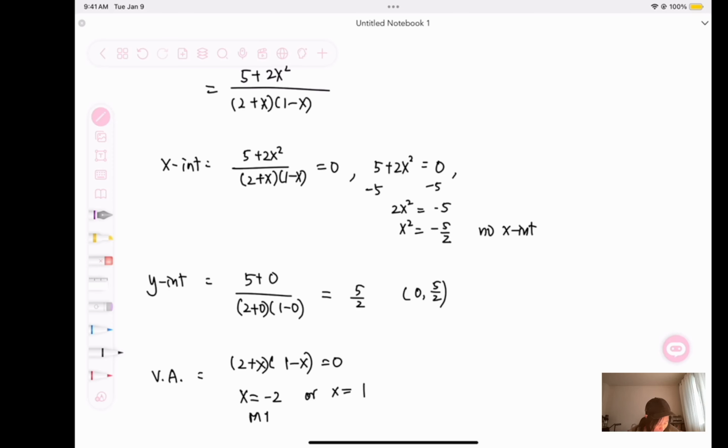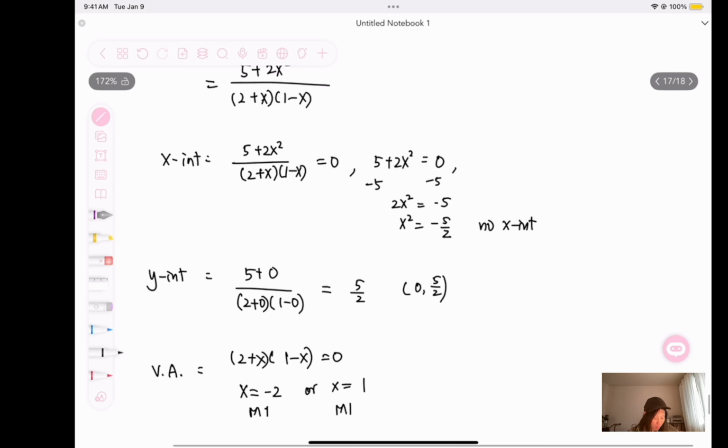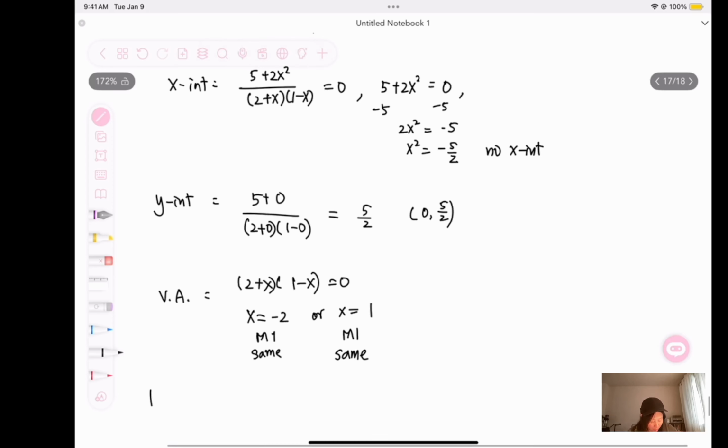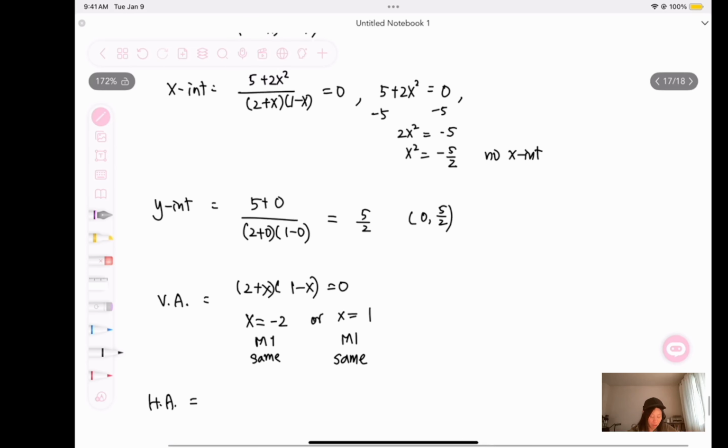The multiplicity is 1, so that means the vertical asymptotes are going to be in opposite directions. And then the horizontal asymptote is determined by the leading terms. The numerator's leading term would be 2x squared.